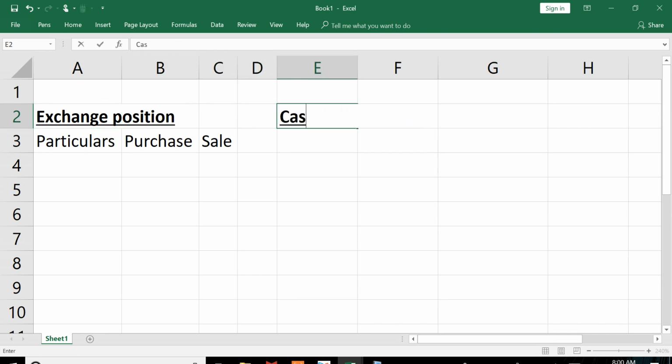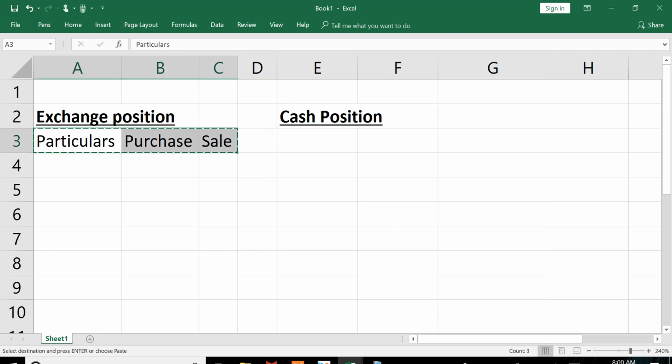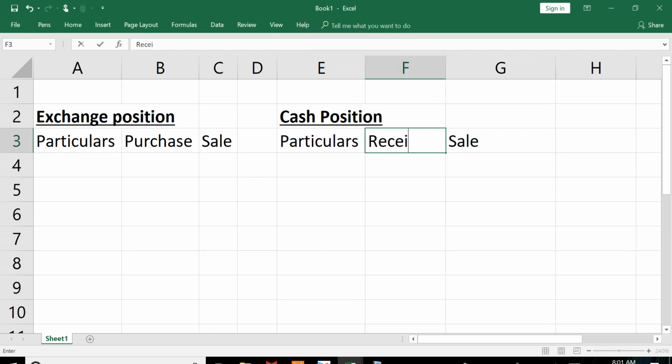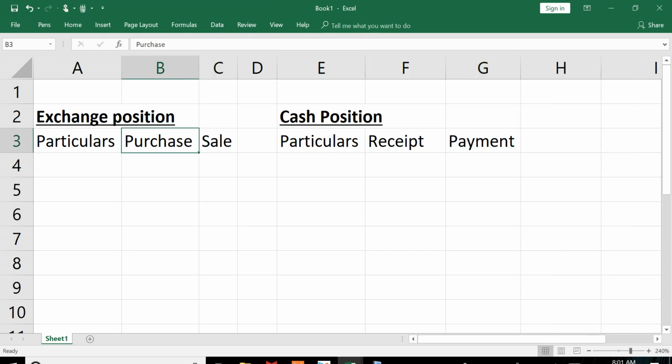Then we have cash position, particulars, I'll call it as receipt and payment. Purchase is related to receipt, sale is related to payment. Exchange position, purchase and sale, cash position, receipt and payment.